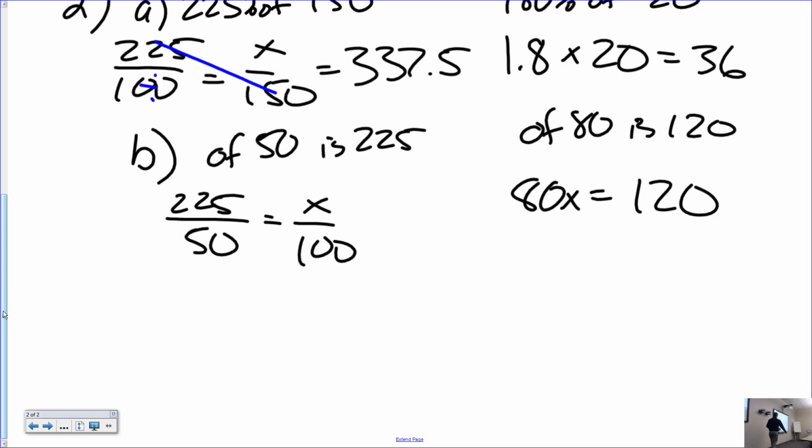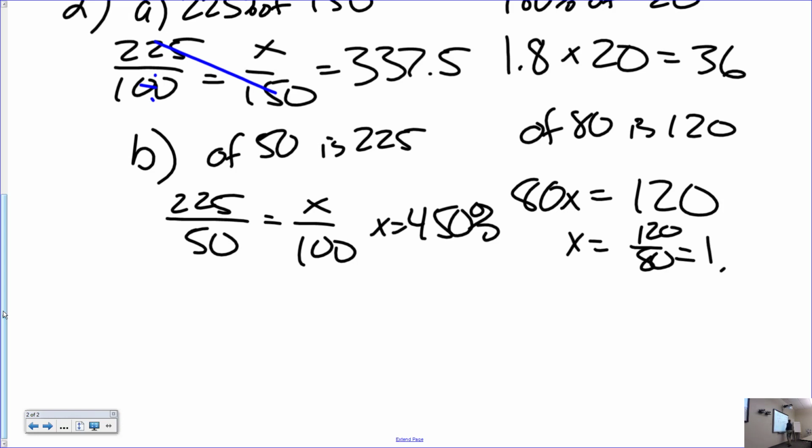So if you did it is over of, you have to put the of below and the is on top. The x is the percent. Solve this one. 450% here if you divide by 80, and then you have to convert that to a percent, 150%.